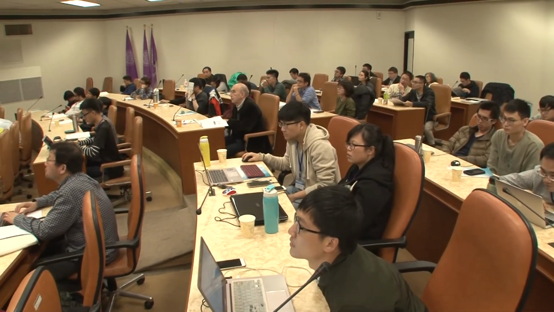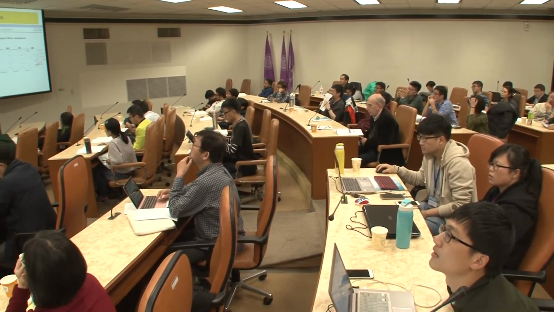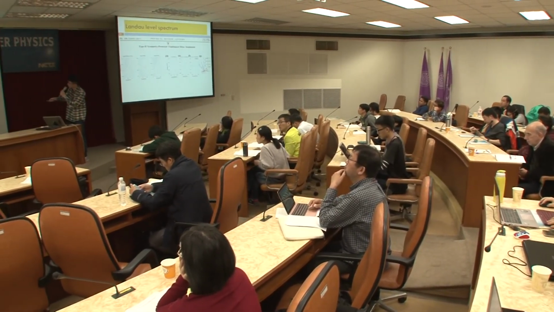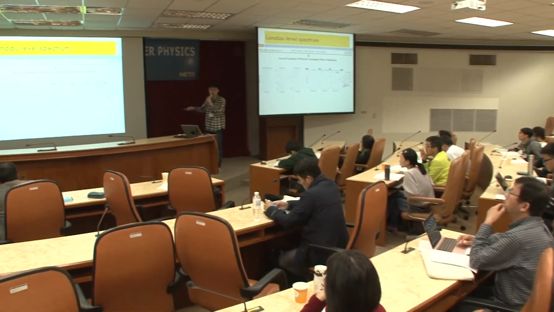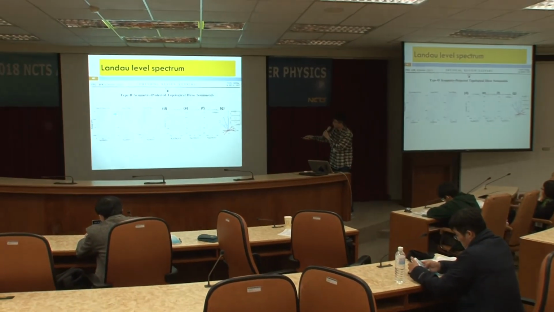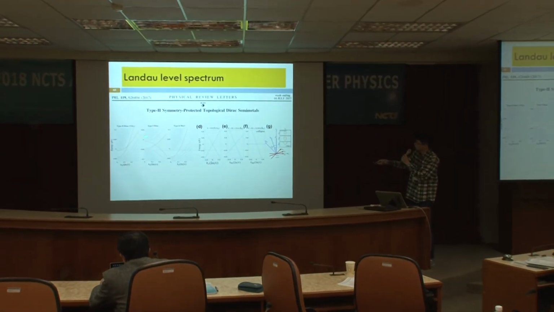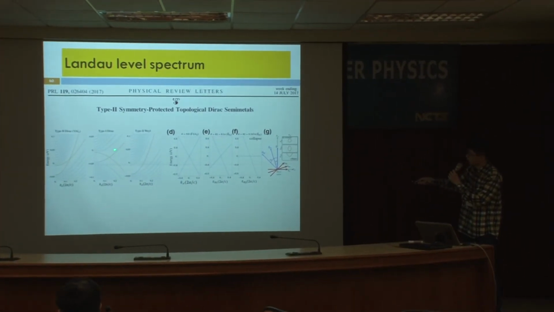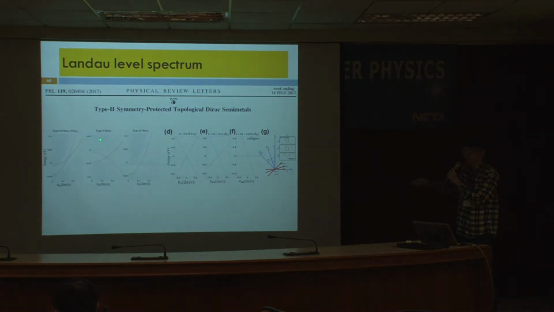Here, we also study the Landau level. In a Weyl semimetal, the lowest Landau level state is a chiral state. In the type 1 case, the lowest Landau level consists of two chiral states with opposite chirality.